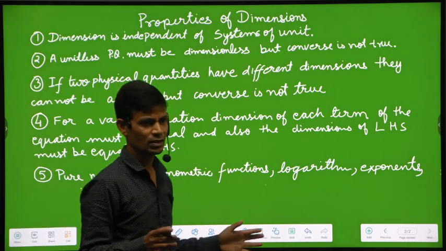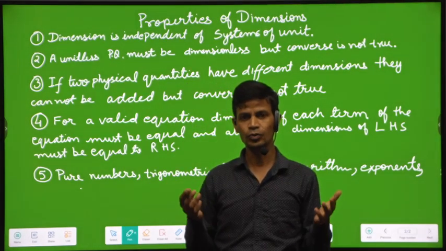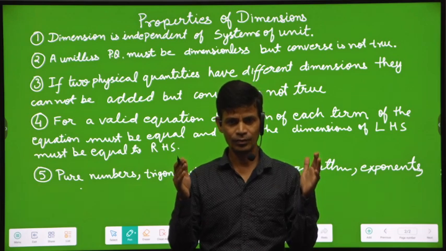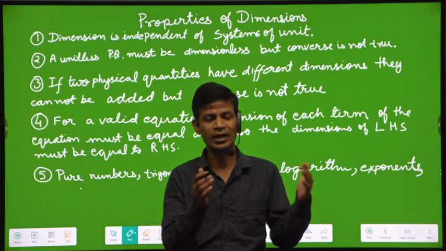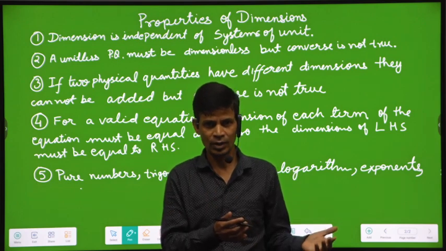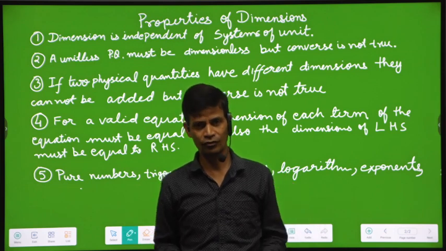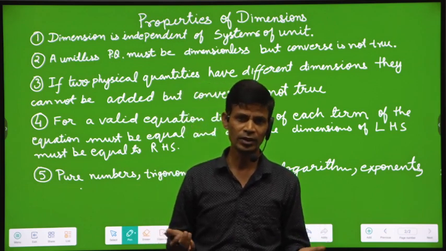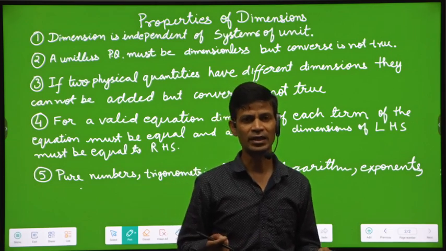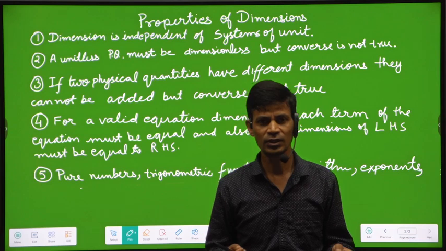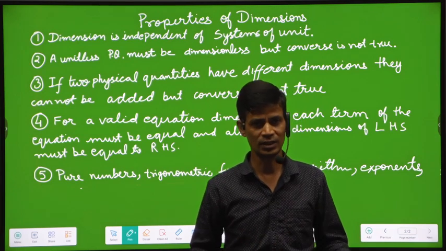So dimension is basically related to the fundamental quantities involved in that physical quantity. So it has nothing to do with the choice of unit, system of unit. So if I'm measuring a length in SI unit or CGS unit or FPS unit or any other unit, still it is length.